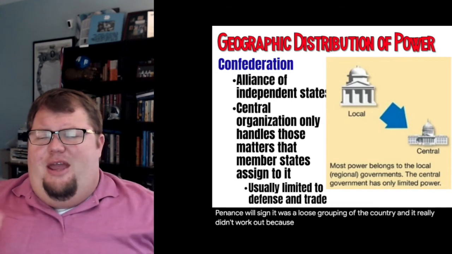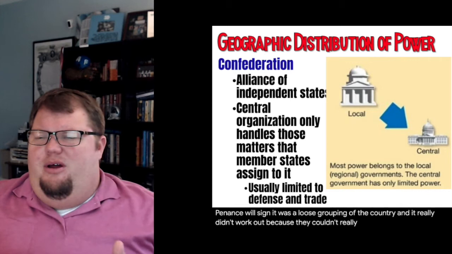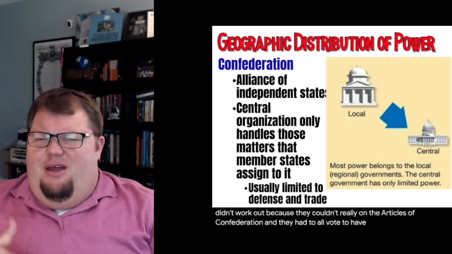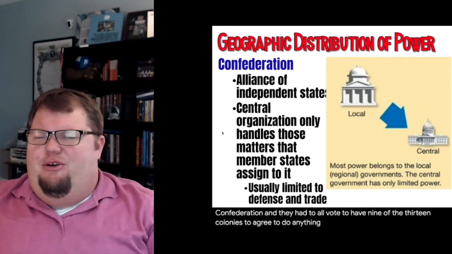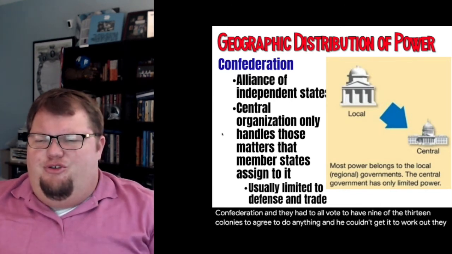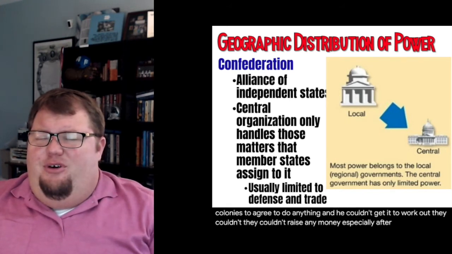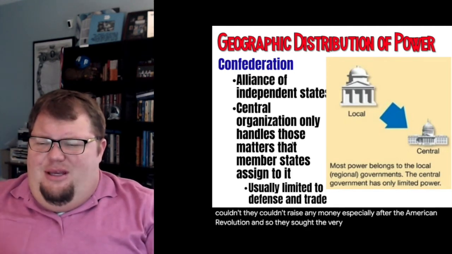There was no central power under the Articles of Confederation, and they had to all vote. They had to have 9 out of 13 colonies agree to do anything, and they couldn't get it to work. They couldn't raise any money, especially after the American Revolution, and so they saw it was very limited in what it could do.